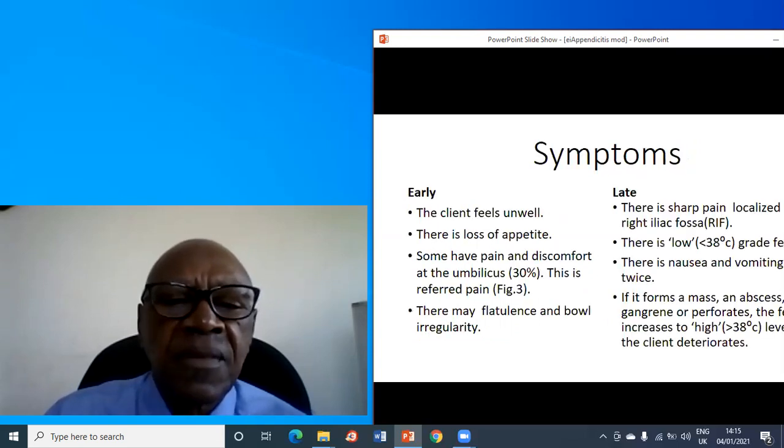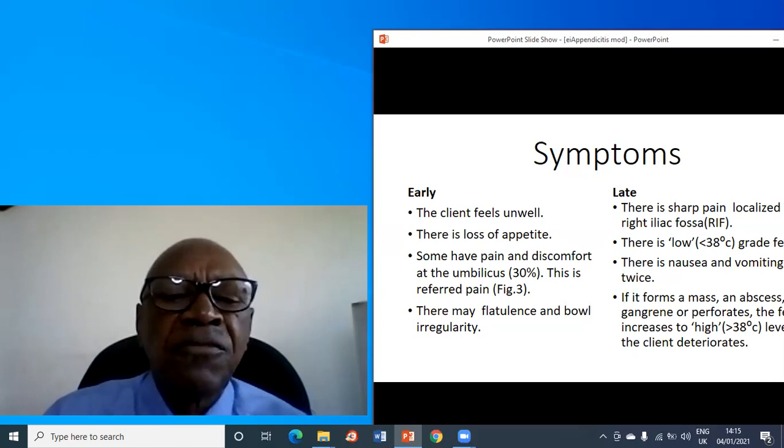Symptoms. The common symptoms are: the client feels unwell, there is loss of appetite, some have pain and discomfort around the umbilicus, and this is basically referred pain.